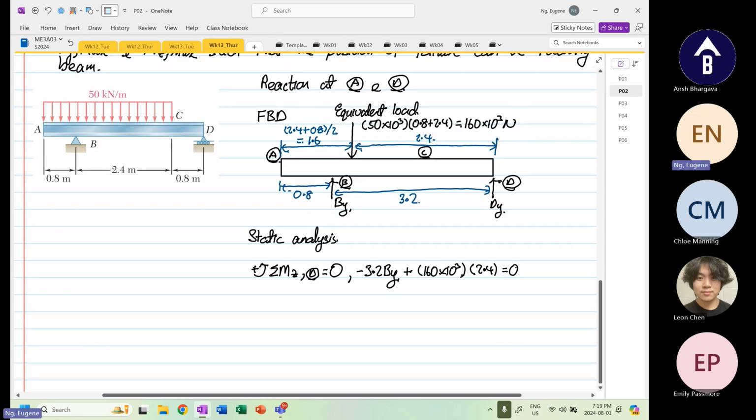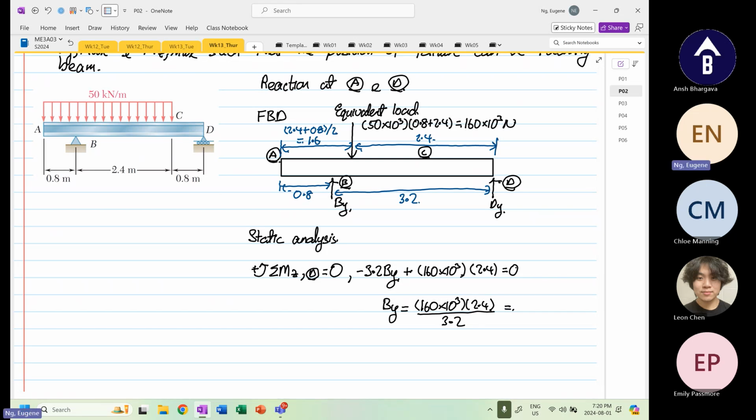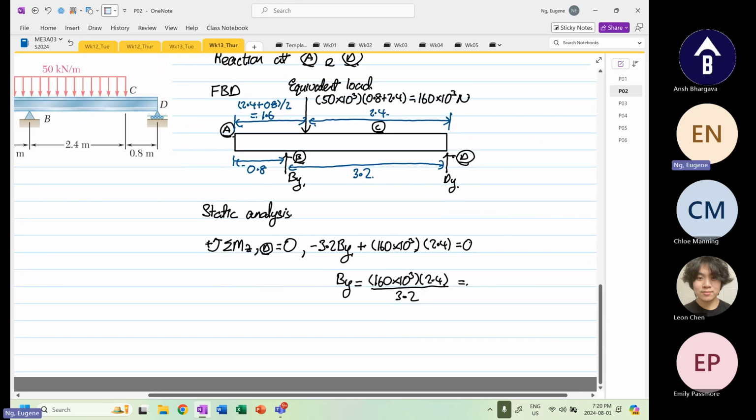Everything is equal to 0. So By is equal to 160 times 10 to the power 3 multiplied by 2.4 divided by 3.2, which is equal to 120 positive.